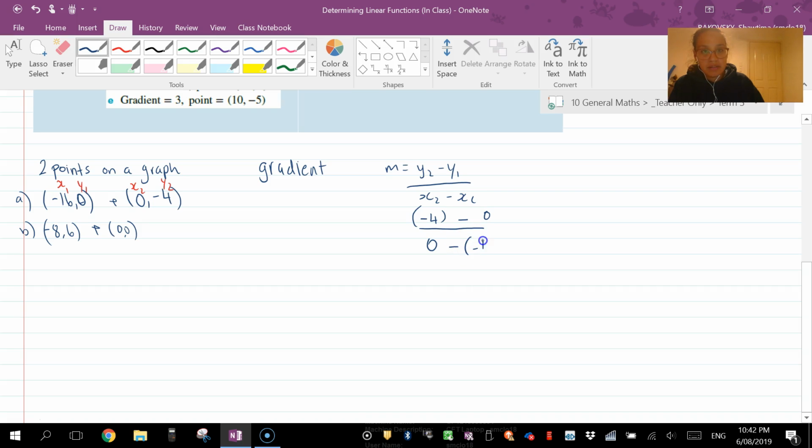So there is my m equals. Do my calculations. -4 minus 0 is still negative. Minus -16 becomes positive 16. So that is negative. So there's my gradient. So that's the first thing I'm going to do, work out my gradient.